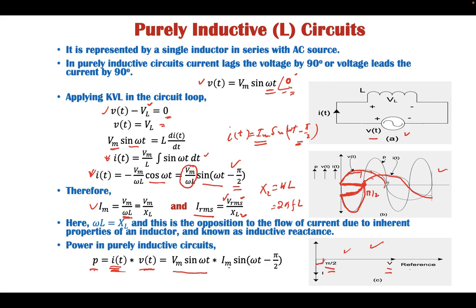Then again at this instant current is positive whereas voltage is negative, so the resultant power will be negative, and hence the nature of power in a purely inductive circuit is pulsating. This pulsating nature means the instantaneous value of power can be positive and negative.